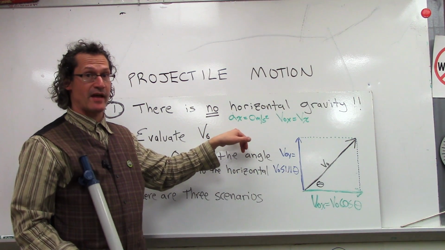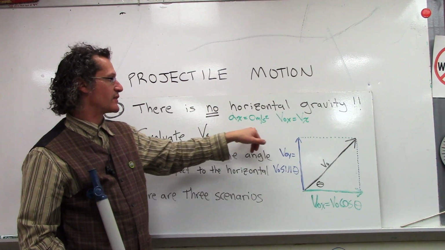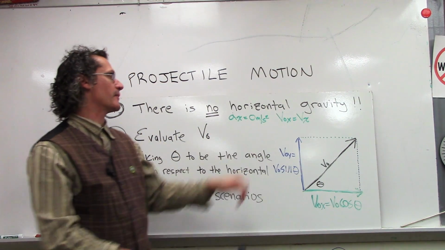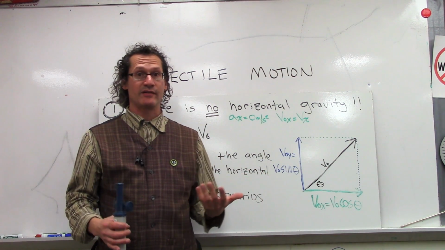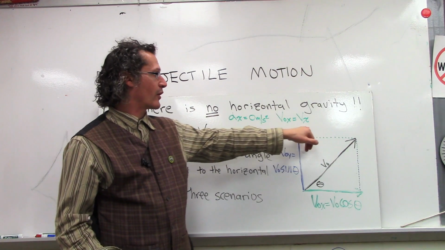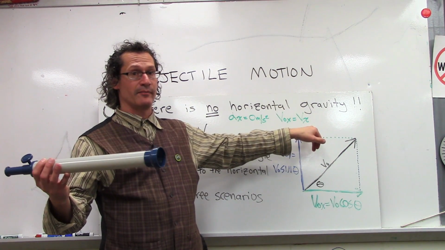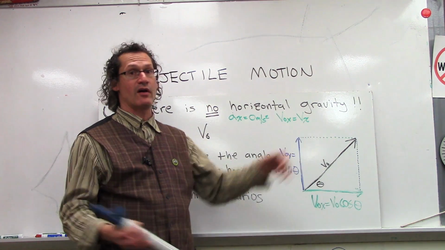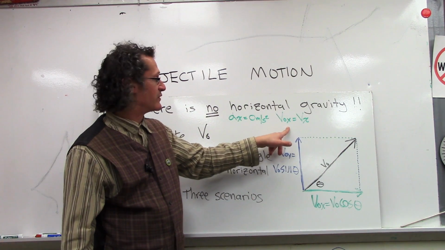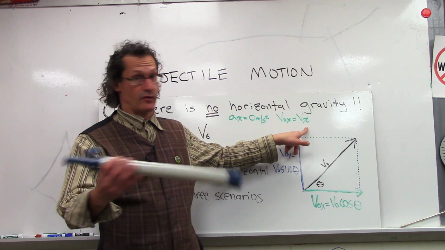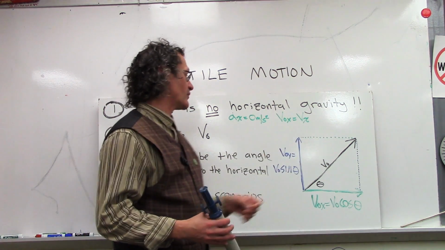So what that means is that ax, the horizontal acceleration, is 0 meters per second squared, which also means that our starting horizontal velocity is equal to our horizontal velocity for the entire phase of motion. For as long as the object is moving through the air, the initial horizontal velocity, which is v naught x, equals the current horizontal velocity, vx. Very important piece here.